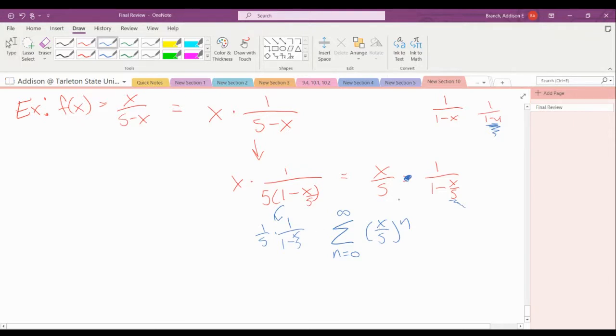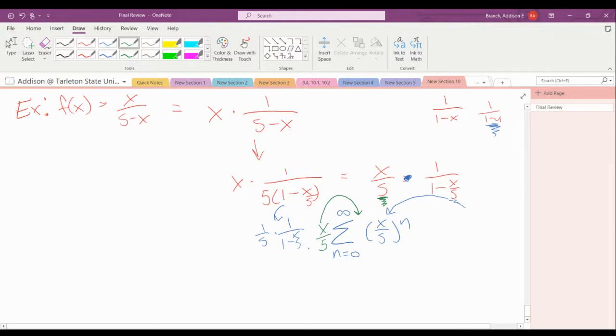So we have that x. We plugged that x over 5 into our power series, just plugged that straight in here. But we also have to remember we had this x over 5 multiplied right here, so we're going to have this out in front of our power series. To make this cleaner, we want to put this back inside of our series.